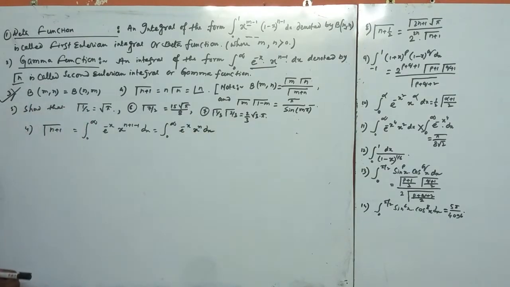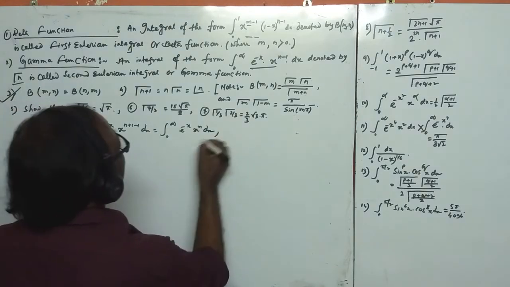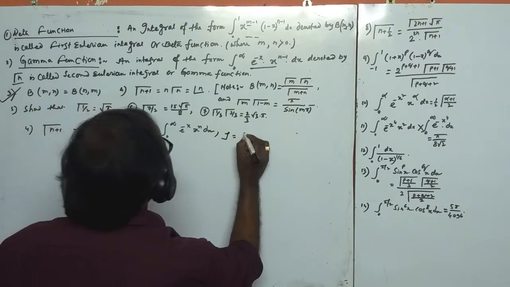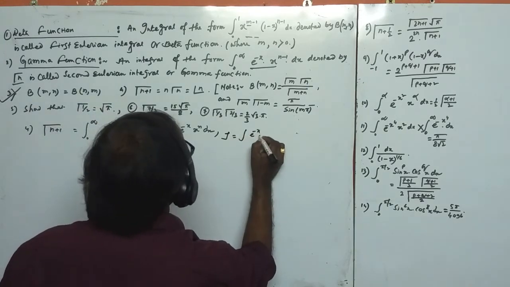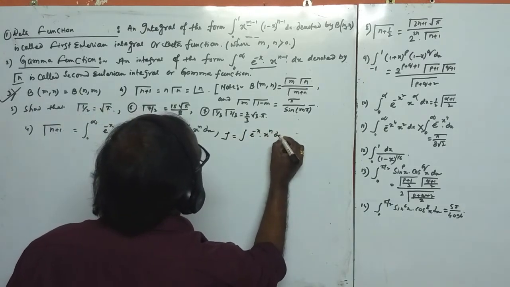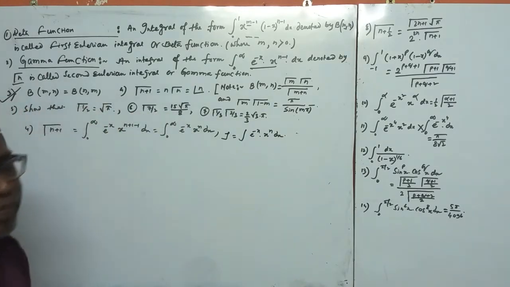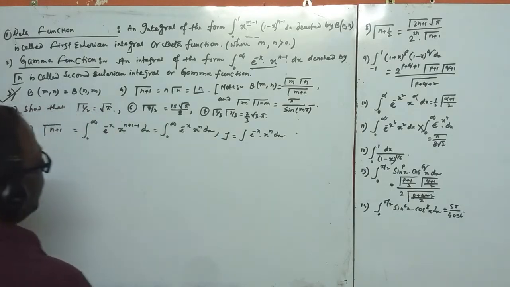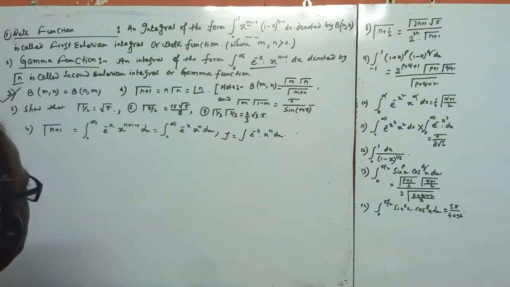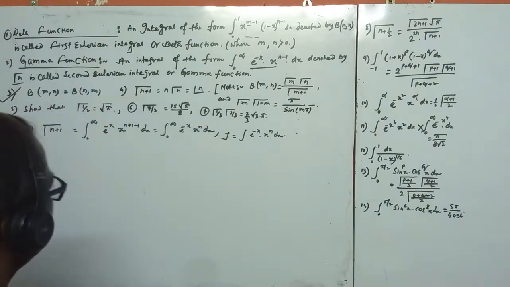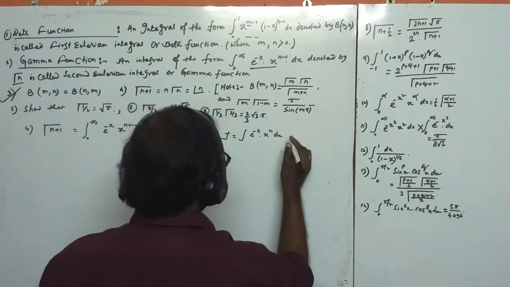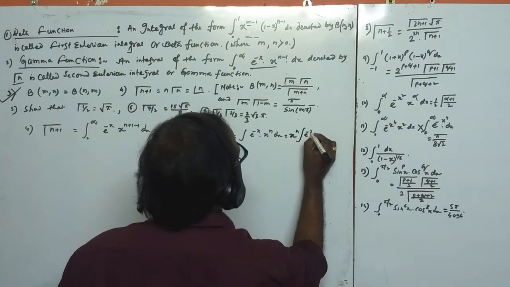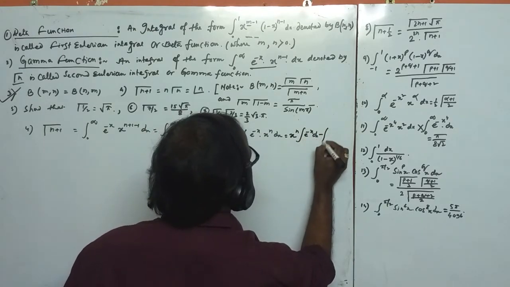Now use integration by parts. Let us assume J is the integral without limit of e to the power minus x, x to the power n dx, which is equal to x to the power n e to the power minus x dx.